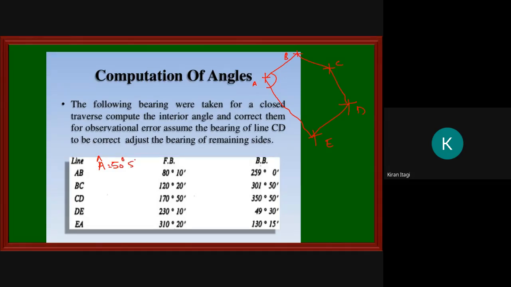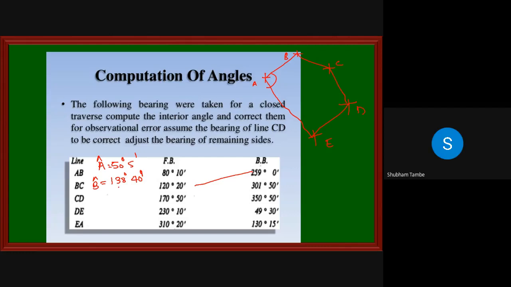What is angle B? This minus this, 138 degrees 40 minutes. Please check this one.